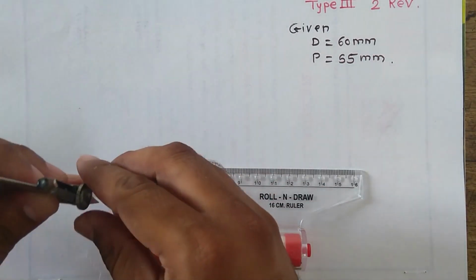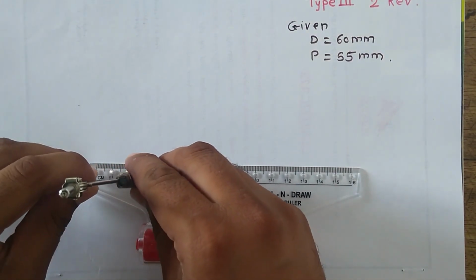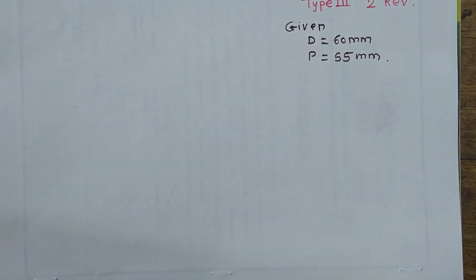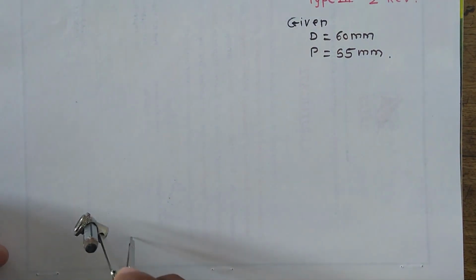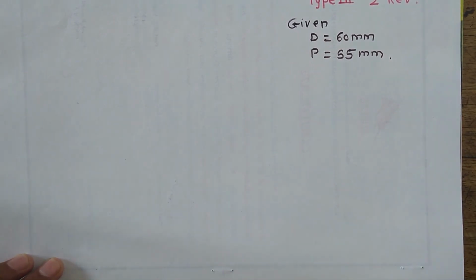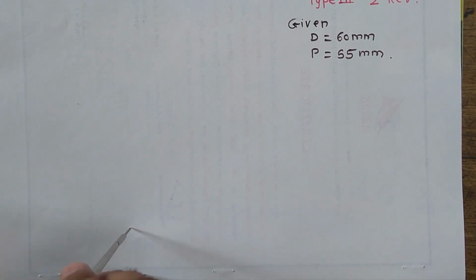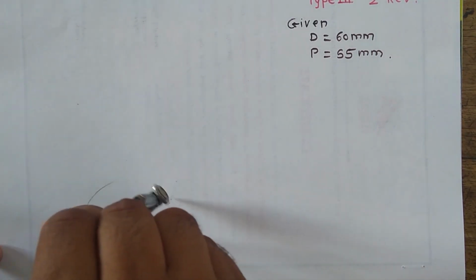Okay, so we have to take a radius of 30 mm in the compass, and by taking that 30 mm radius we have to draw a circle in top view.